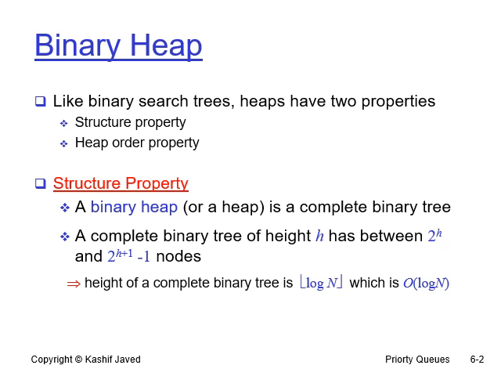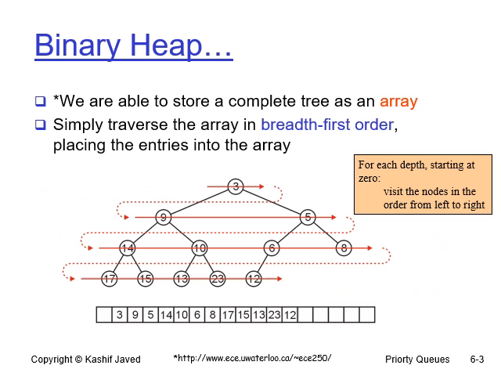And from this it implies that the height of a complete binary tree is the floor of log of n, which is in other words big O, or upper bounded by log of n. So this is the structure property.